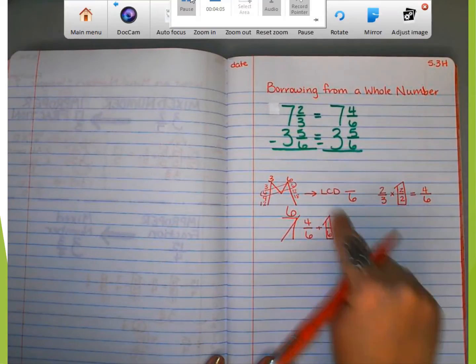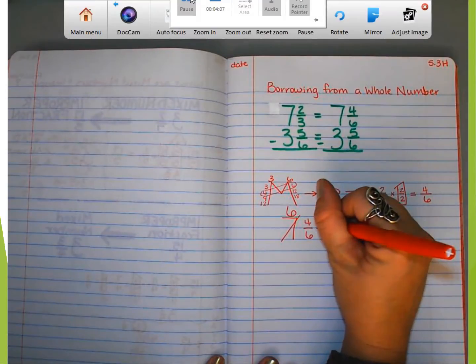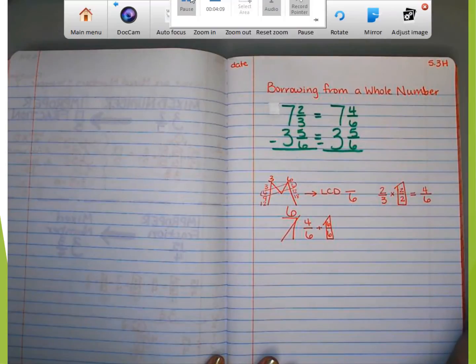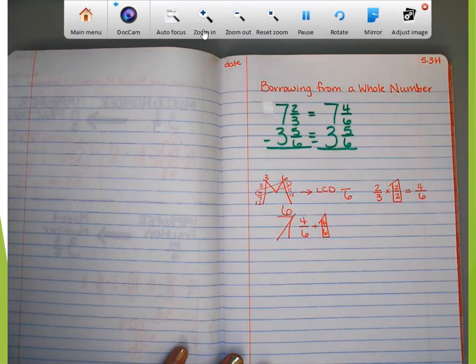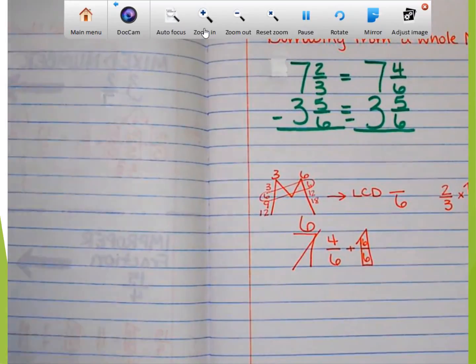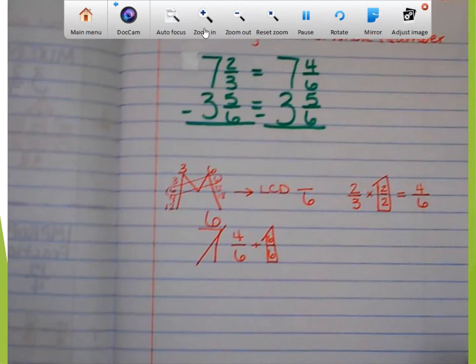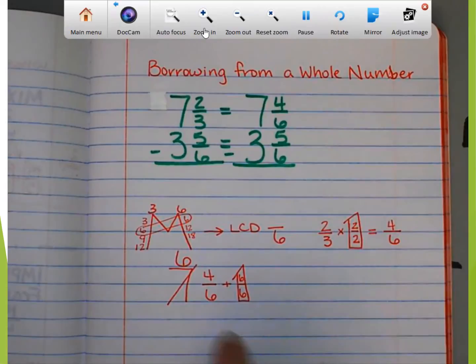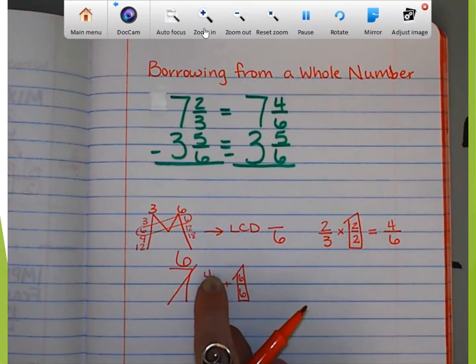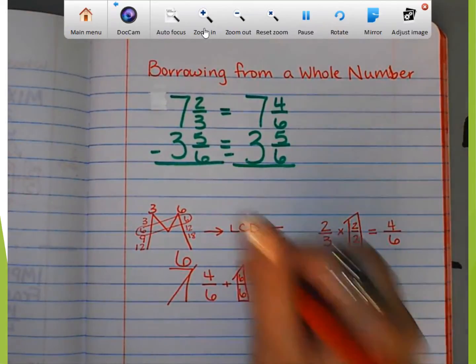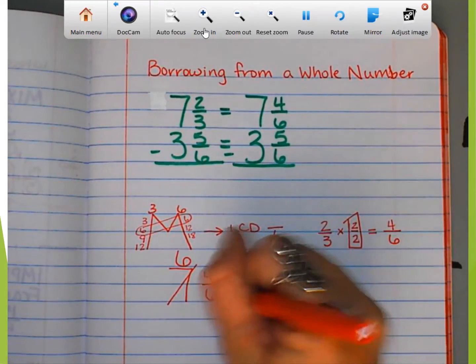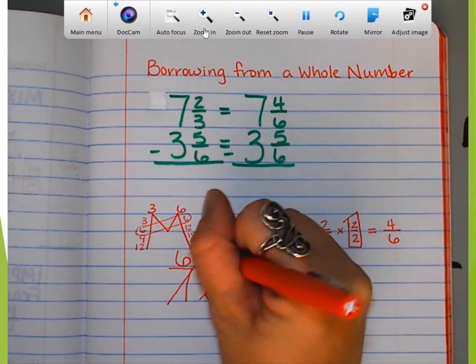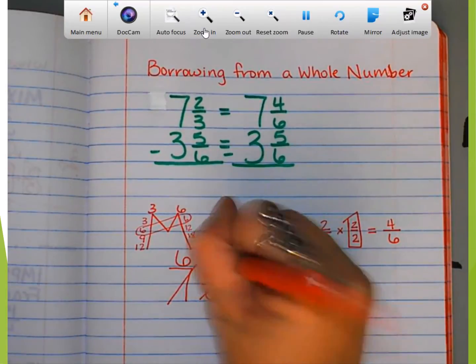And so since this is one whole, the numerator and the denominator have to be equal. So we're going to add this now. 4 plus 6 is 10. And then our denominator is going to be 6. So all of this gives us 10/6.